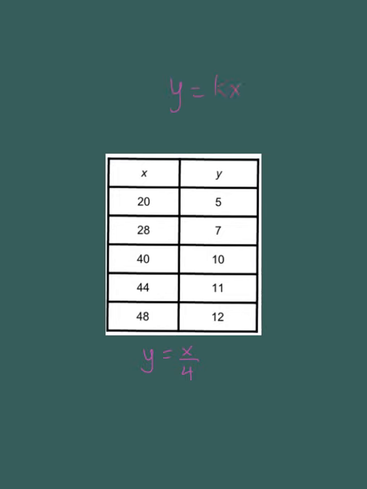So what could I say I'm multiplying by? I can say I'm actually multiplying by 1/4 because 5 divided by 20 is 1/4. So I'm going to say that my equation is y equals 1/4 x. Or I could have said y equals 25/100 x.